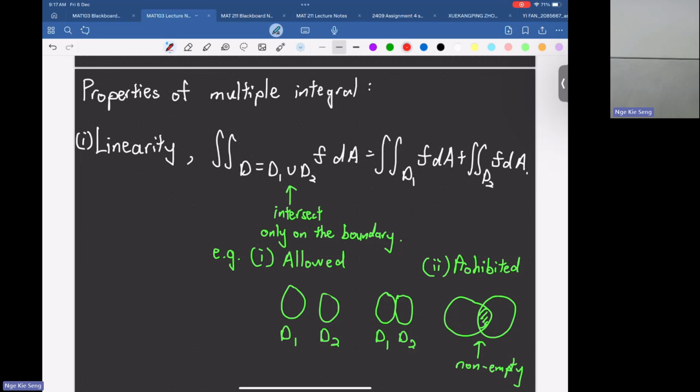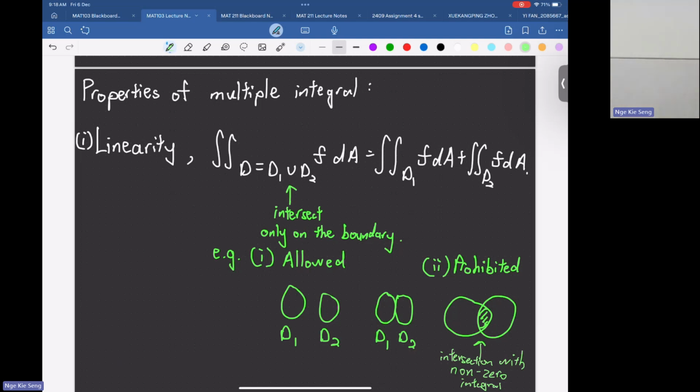This doesn't apply if the intersection of these two sets has a non-zero integral.